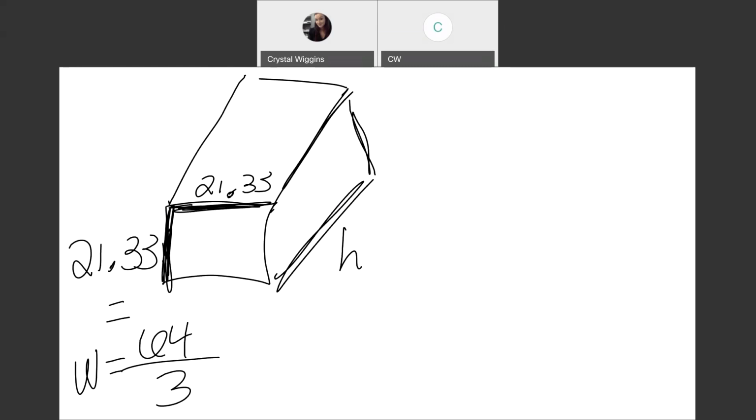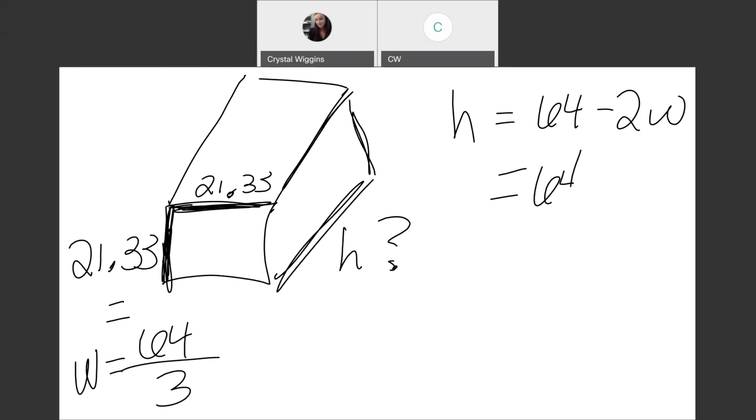Now we need to know what the height is. Okay, so if you recall, we have a height formula that we solved way back in the beginning. We have that height was equal to 64 minus 2w. So let's put this w in. I'm going to use the exact value just to make sure I'm getting the right value out of this height.